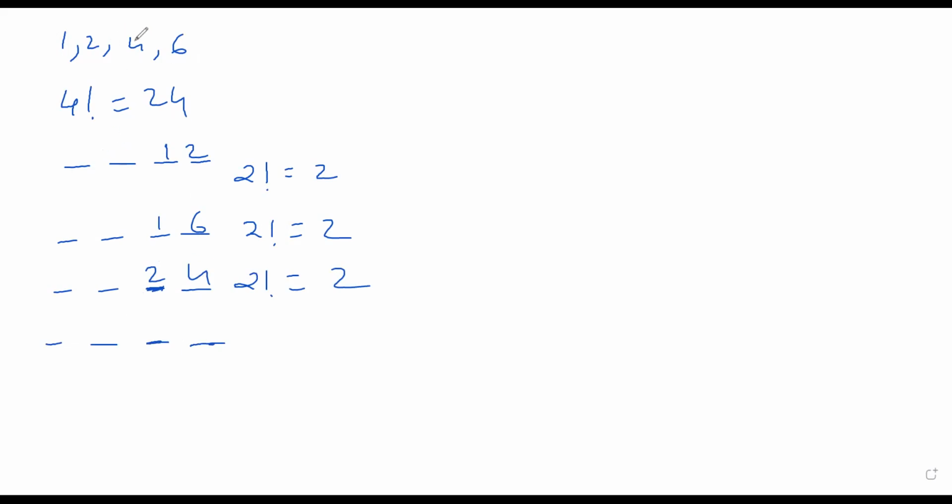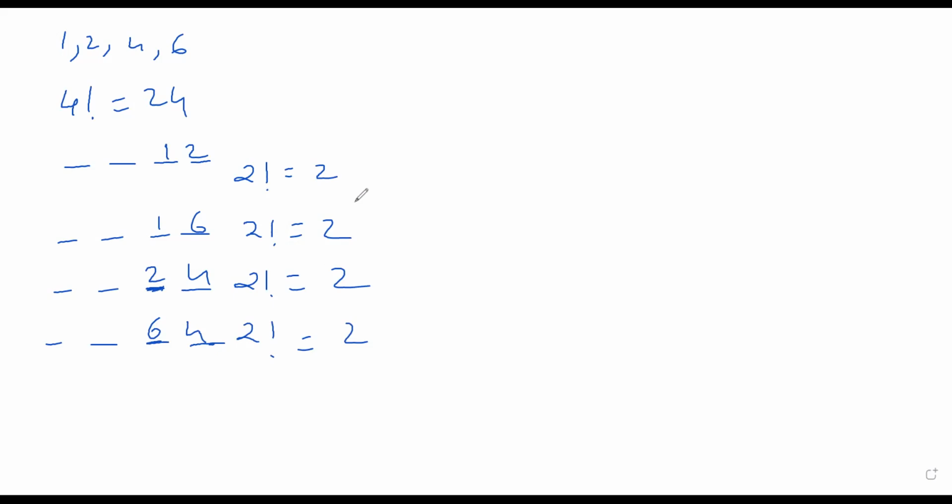2, 6, no. Then we'll go to 4, 2. Is 42 divisible by 4? No, 42 is not divisible by 4. Then 4, 6, no. 6, 1, no. 6, 2 is not. 6, 4, yes, it is divisible by 4.